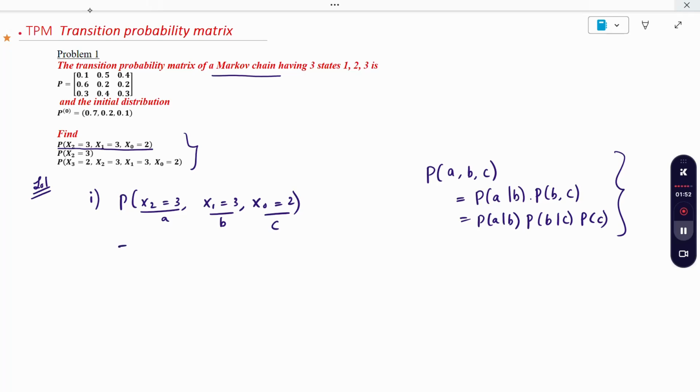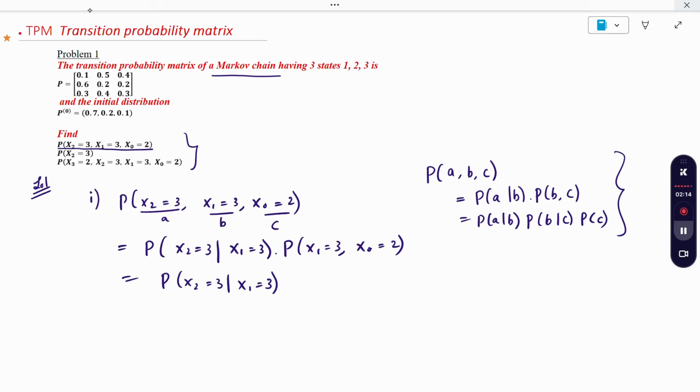So now when I write it, probability of x2 equal to 3 given x1 equal to 3, into the last two as they are, probability of x1 equal to 3 comma x0 equal to 2. First I have written it as it is. Write it as it is, and I will write the short form at the end, so you will not get confused.